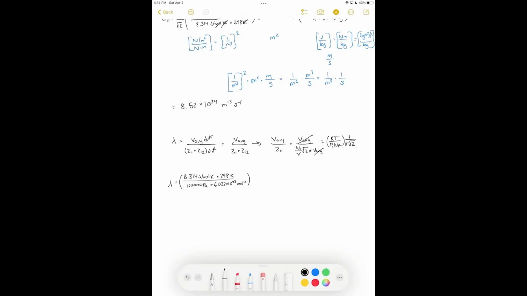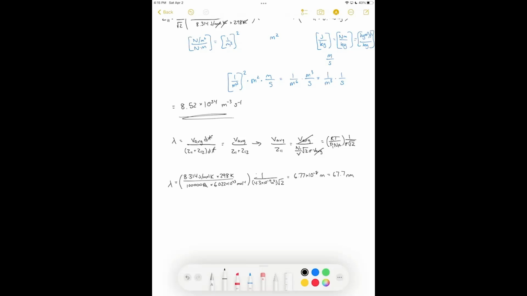And then to this, we'll multiply 1 over the collisional cross section, which is 4.3 times 10 to the minus 19th square meters. And then we'll have the square root of 2. Plugging in numbers here, we get that this is equal to 6.77 times 10 to the minus 8 meters, or 67.7 nanometers.